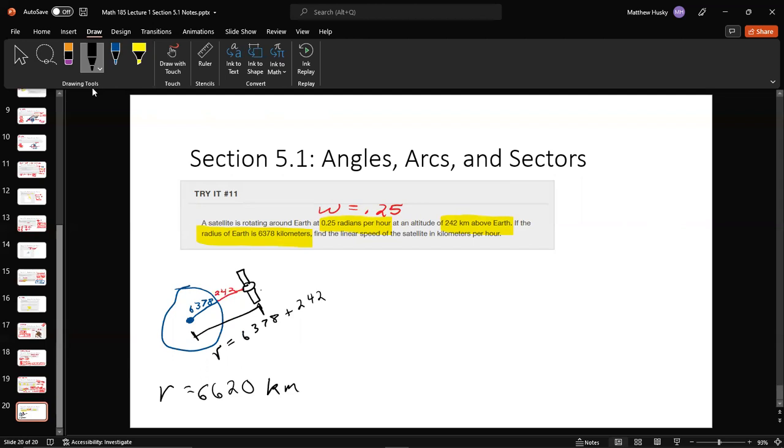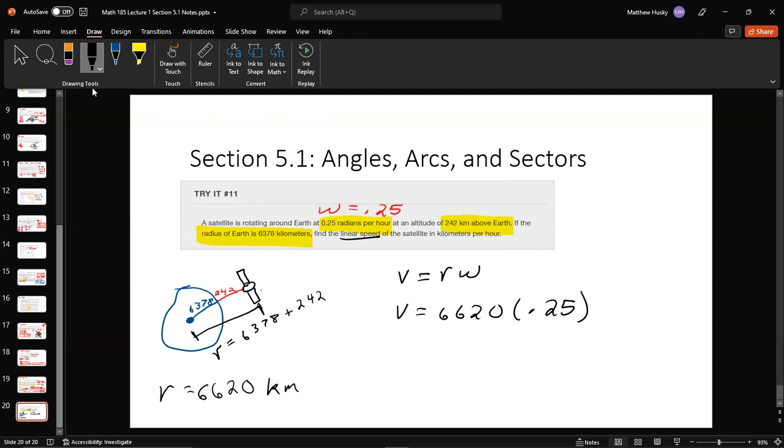So then we want the linear speed, which is V, that equals R times W, R times omega. R is 6620. Omega is 0.25.